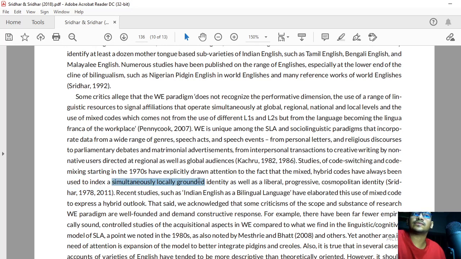Simultaneously two things are going on. One is that there is a locally grounded identity. For example, Bangladeshi English, we have a local Bangladeshi flavor, especially Indian English has a local English flavor, but there is also a liberal progressive cosmopolitan identity. Cosmopolitan is like the whole world, a citizen of the world, cosmo and politan, so a citizen of the world. So here it means that we do have a specific identity that is rooted in our cultures, but at the same time we are also not just shutting ourselves off and staying in one place.